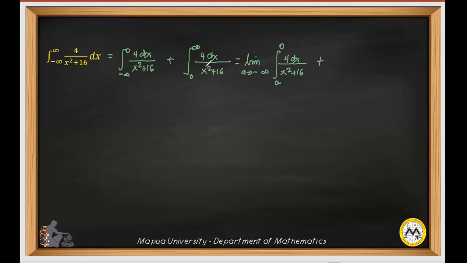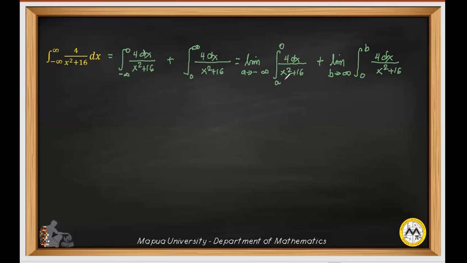Then the second integral, from 0 to infinity, by definition is equal to the limit as b increases without bound, as b approaches positive infinity, of the integral from 0 to b, where the upper limit infinity is replaced by b, of 4 dx over x squared plus 16.